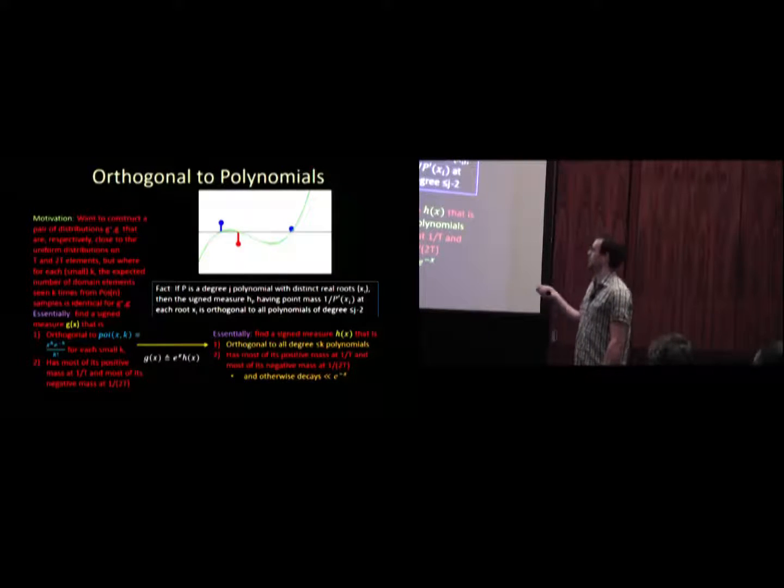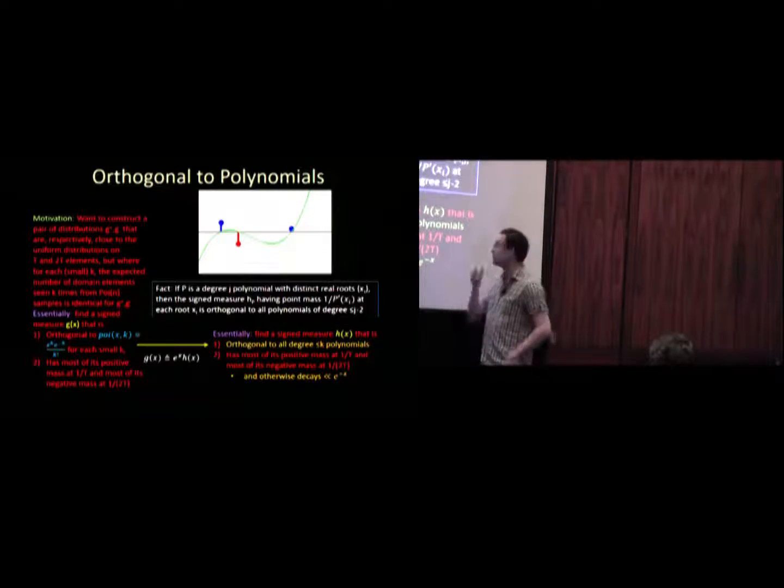The fact is that if we have a degree j polynomial with distinct real roots, and we make it into a signed measure, where for each root xi we put mass 1 over the derivative at the location xi, then this is an automatic construction that makes the measure orthogonal to all polynomials up to degree j minus 2. So again, here we have a cubic polynomial, and this is orthogonal to all linear polynomials. 3 minus 2 equals 1. Okay? So again, this is just a basic tool.